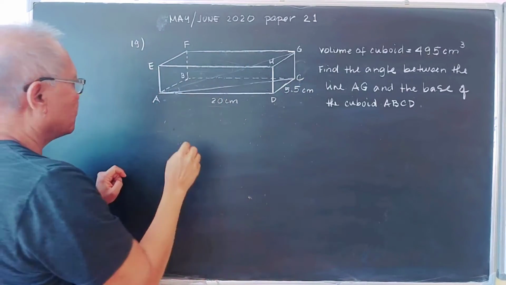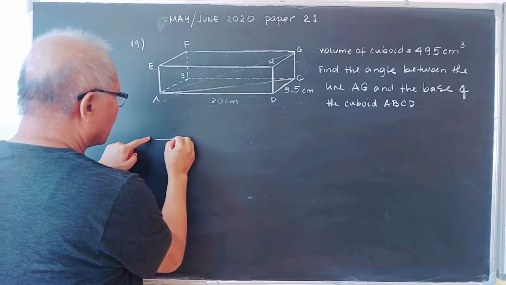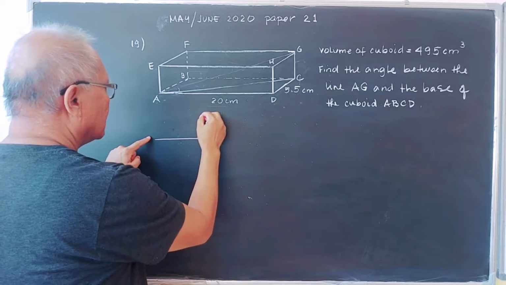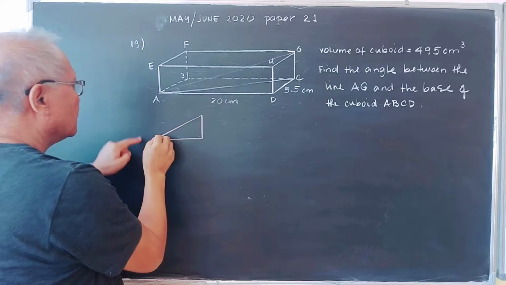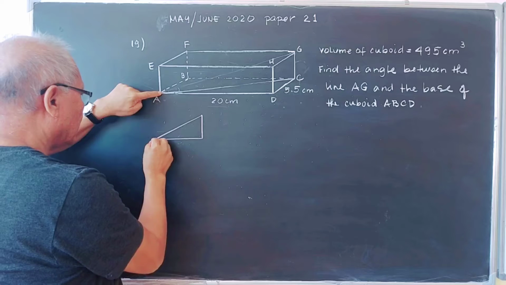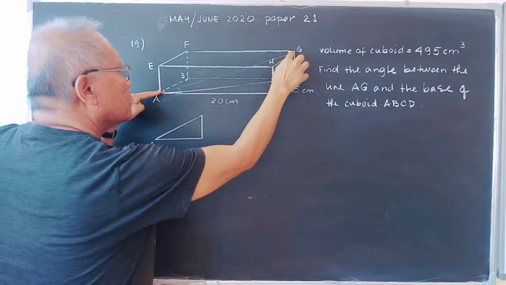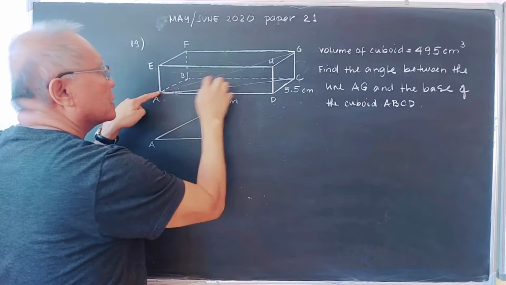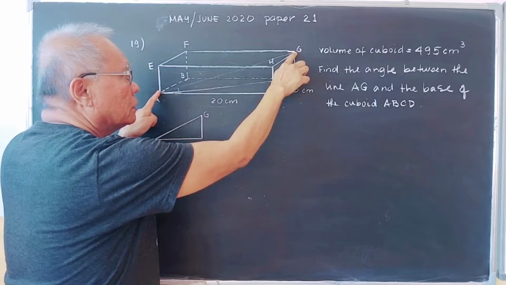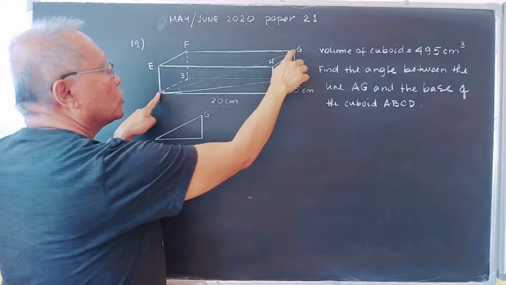Okay, so if we are going to draw that one, so we have this one. So this is point A, and the G is here. From this corner to the other corner, from the lower corner to the upper corner on the opposite side.